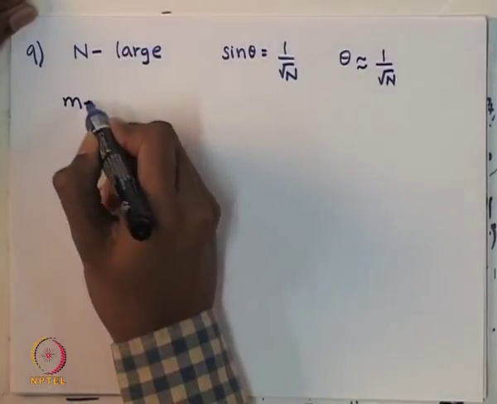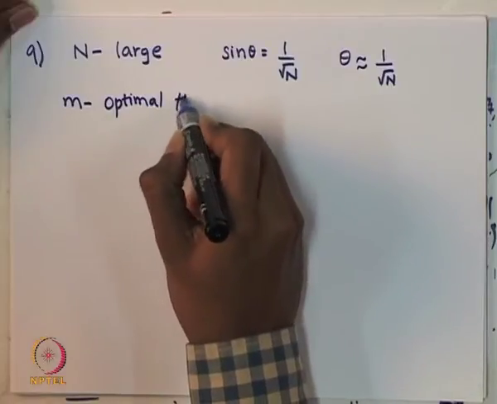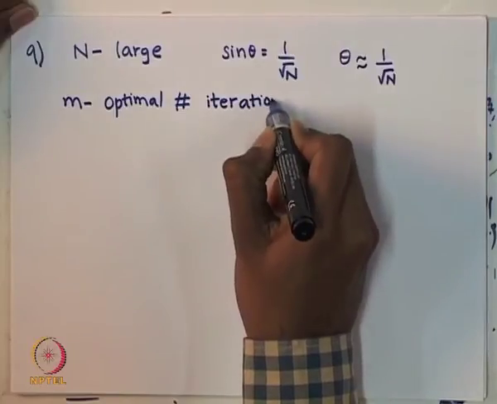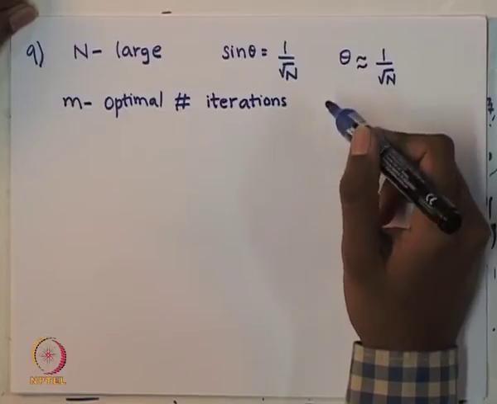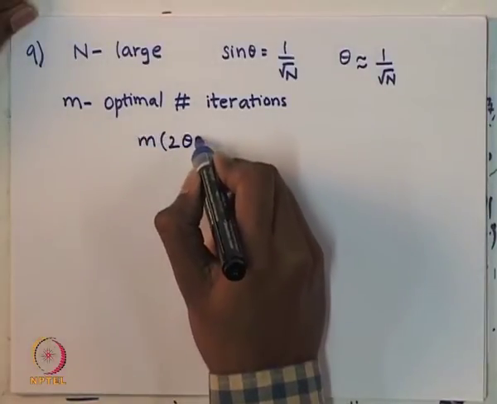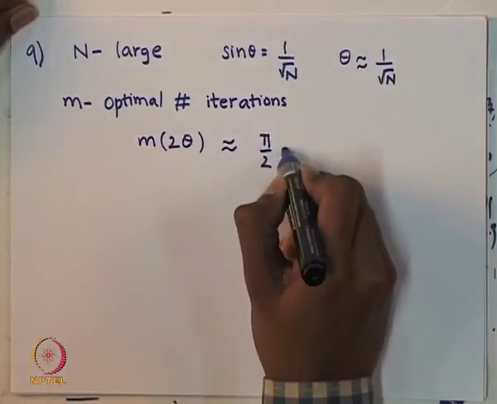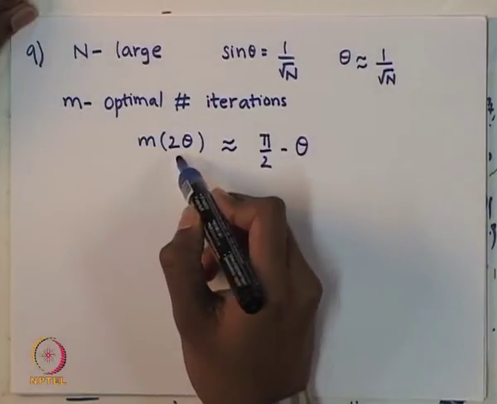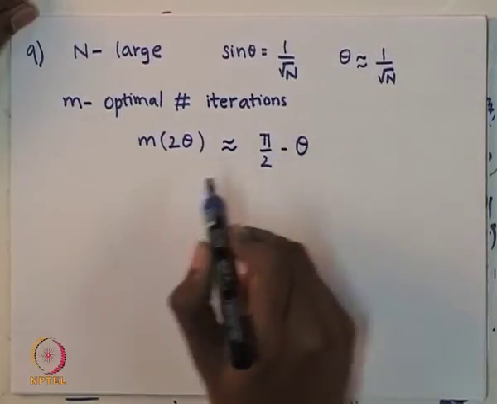Say m is the optimal number of iterations. So after optimal number of iterations, the angle covered by the state would be m times 2 theta, which should be ideally matched to pi by 2 minus theta, which is the initial angle. m times 2 theta is the angle rotated and pi by 2 minus theta is the angle initial.